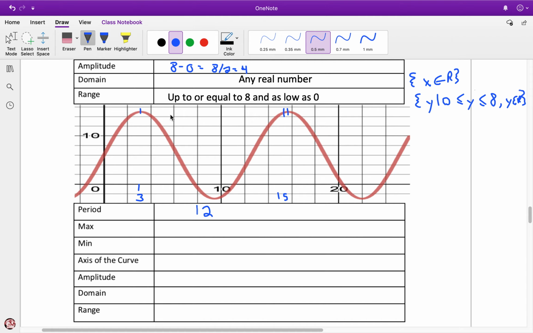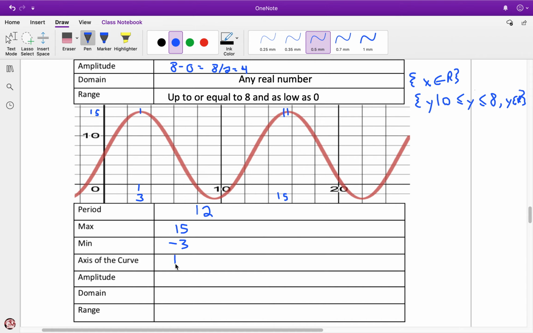So you just count sideways as well. Now our max this time, these are 2 as well. So 2, 4, 1. So that's 15 there. So our max is going to be 15. Now our minimum goes down to negative 3.